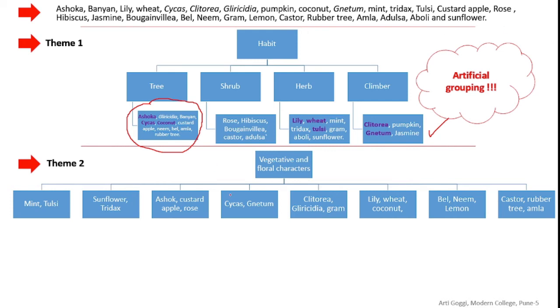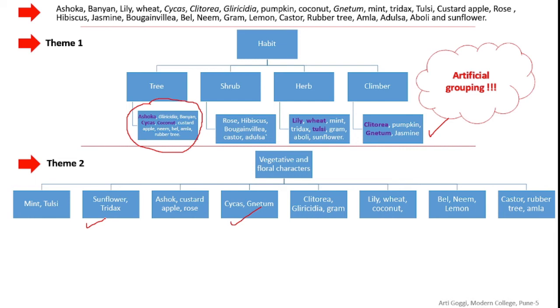For example, look at this group where I have brought Cycas and Gnetum together. Obviously, they are gymnosperms, so I can justify that grouping. That is acceptable. Second, I have brought sunflower and Tridax together because they share so many characters with each other: capitulum inflorescence, gamopetalous corolla, syngenesious stamens, cypsela fruit, and inferior ovary.